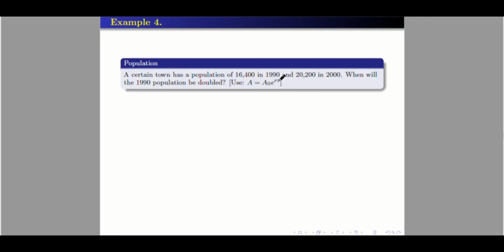When we find the value of r, a sub 0 and t should be given.